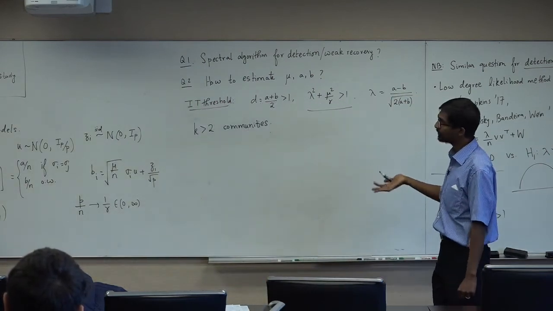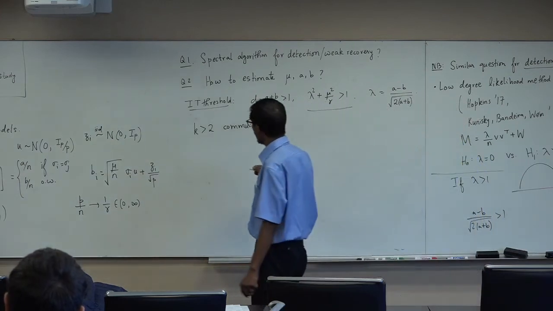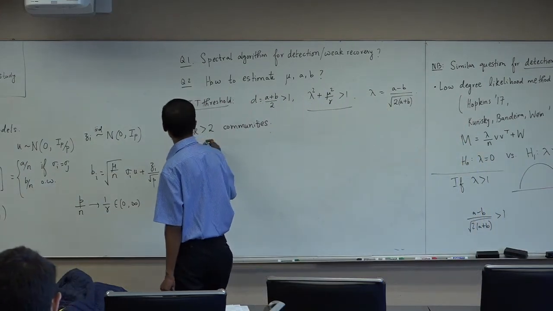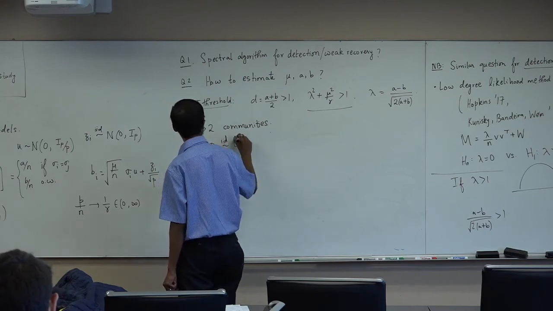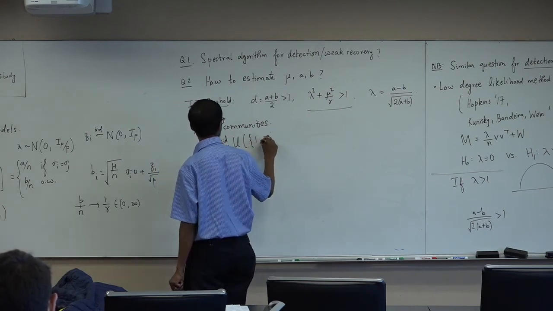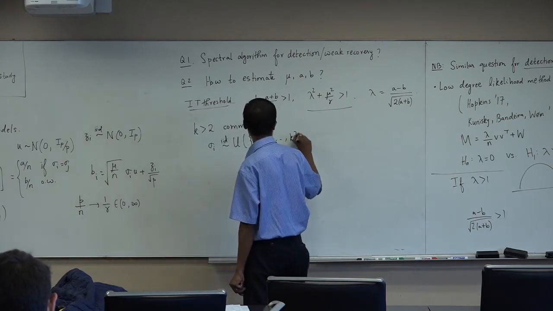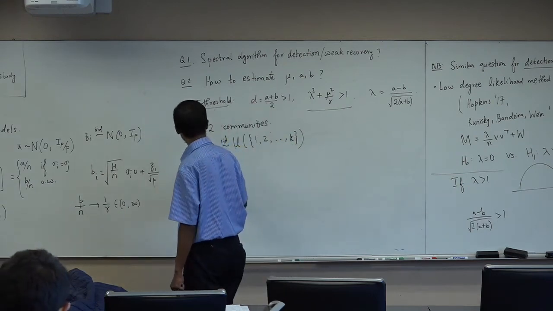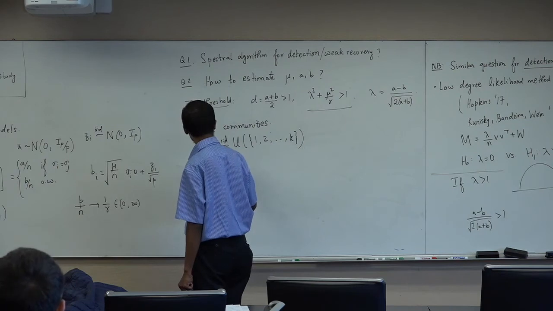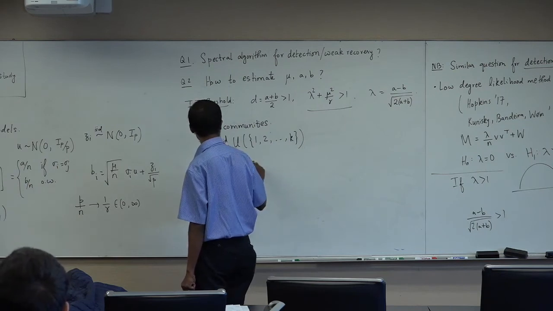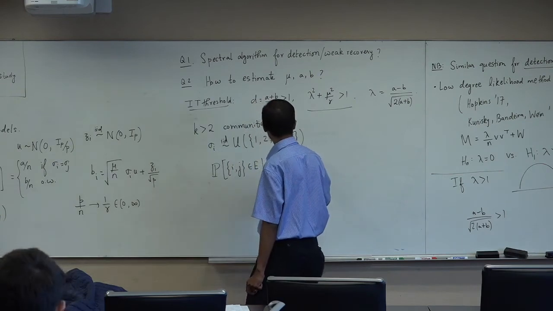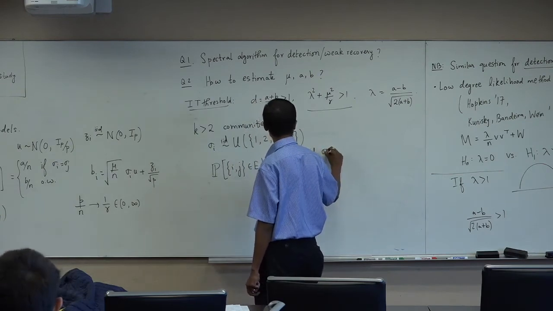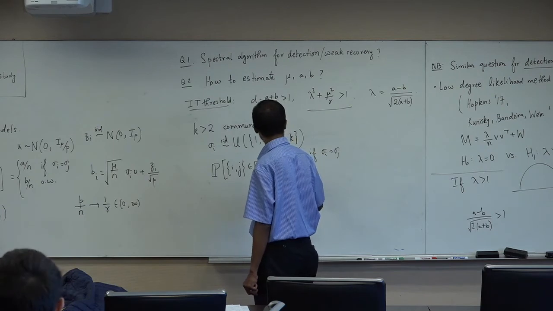So you can set up a version of this which is basically the analog of this, where your sigma i's are IID uniform on the set 1 to k. Your edge probabilities are still A over n if sigma i equals sigma j and B over n otherwise.